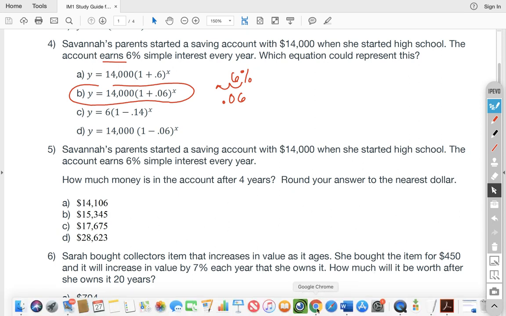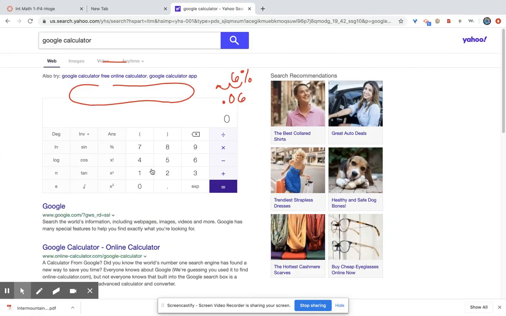All right, so we're going to go back to the calculator. 14,000, parenthesis, 1.06, parenthesis, and this is the exponent button, so raised to the 4 years. All right, the answer is 17675, rounded.